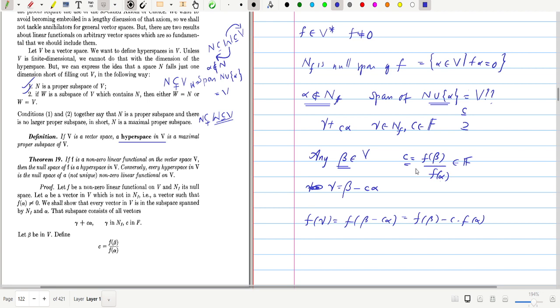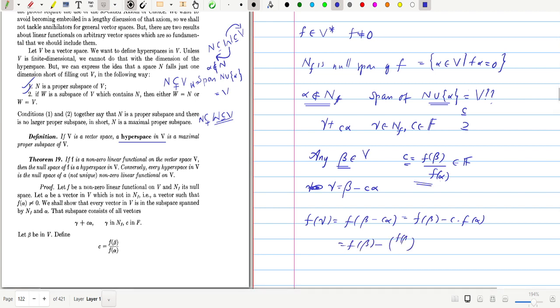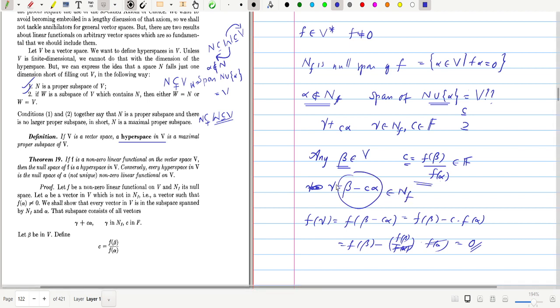But C is chosen in such a way that C is equal to f of beta by f of alpha. So f of beta minus C alpha is nothing but f of beta minus f of beta by f of alpha times f of alpha. Since f of alpha is non-zero, you can cancel this, then this will be 0. So this shows that this element is an element of N, I put it as gamma.